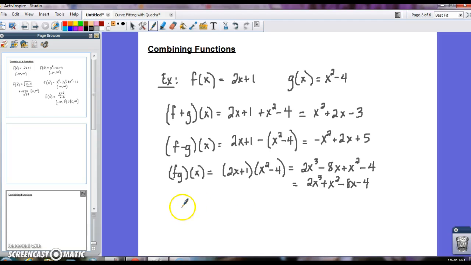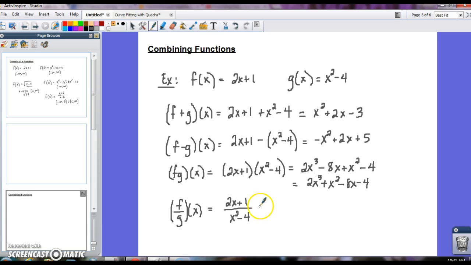It's when you get into dividing your functions that you have to be very, very careful. So for example, if I have f over g of x, or f divided by g of x, I have 2x plus 1 over x squared minus 4.